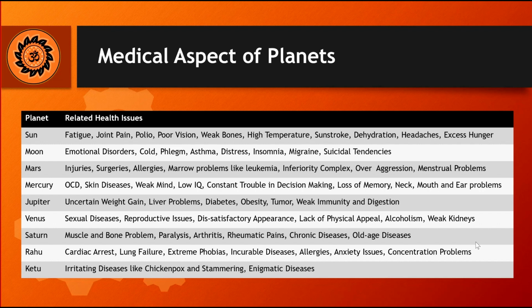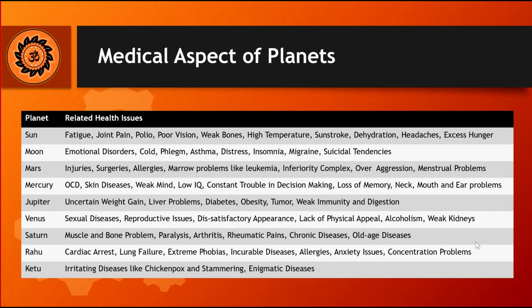Sometimes natives will never be able to see the wrong in himself or herself. So all those kind of issues and anxieties, all of these are related to Rahu, and phobias. Some unexplainable diseases, all of those are because of Rahu and Ketu in a lot of cases.